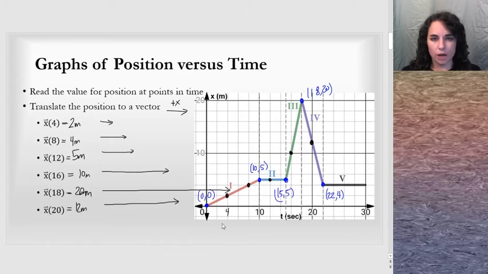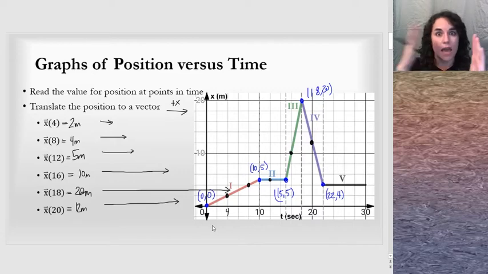I'm going to go back to the definition of position. Position always refers to the location away from the origin. So even though it goes out to 20 and goes back to 12, I'm still a positive distance away from the origin. It doesn't matter that I went backwards or forwards or whatever. I'm just looking at the distance away from the origin.